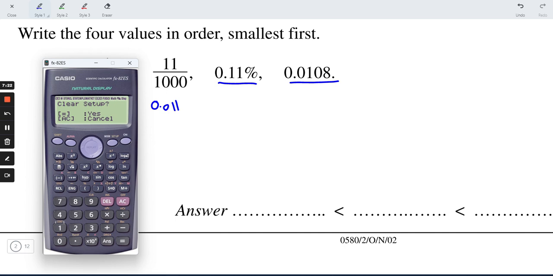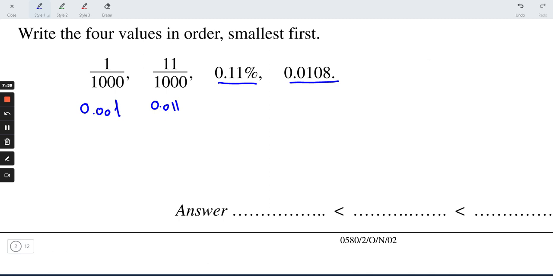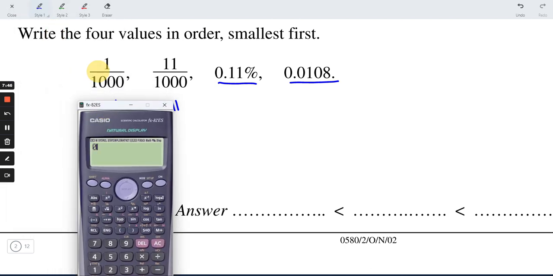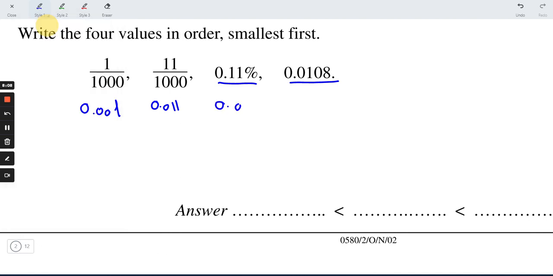Here will also be 11%, and this one is 0.001 as a decimal.